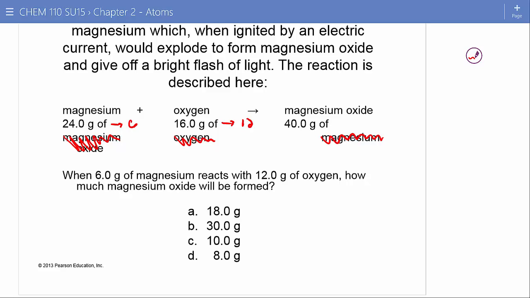So it's saying we have 6 grams of magnesium, and we need, based on our balanced reaction above, 16 grams of oxygen for every 24 grams of magnesium, right? That was our ratio in our balanced equation without any leftover. So now let's do the math on this.